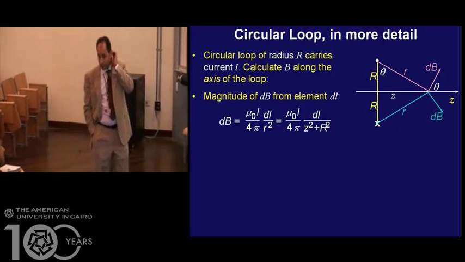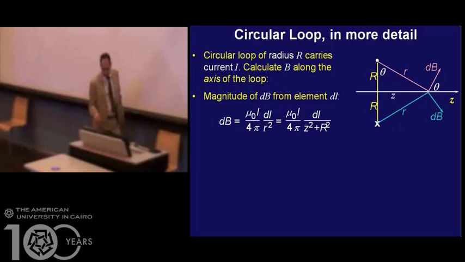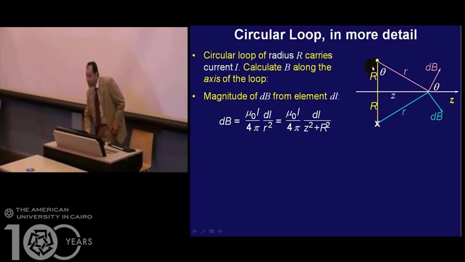Okay, so now we know that the magnetic field from that segment of the wire is dB and it's in that direction. And that magnetic field, according to Biot-Savart law, is mu 0 I over 4 pi times dl cross r hat, where dl cross r hat in that case is going to give you just dl, because they are perpendicular to each other, divided by r squared.